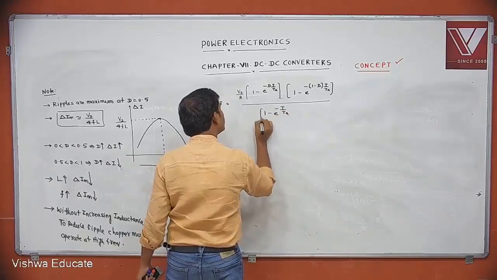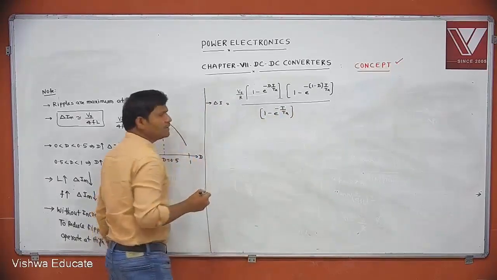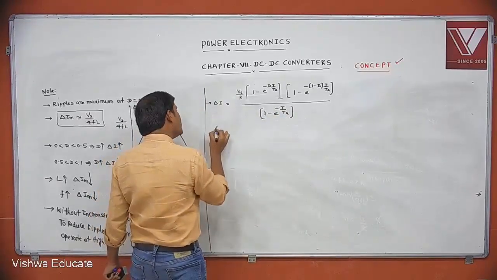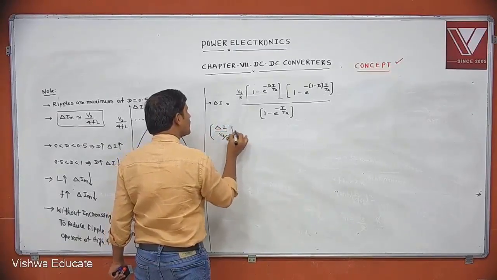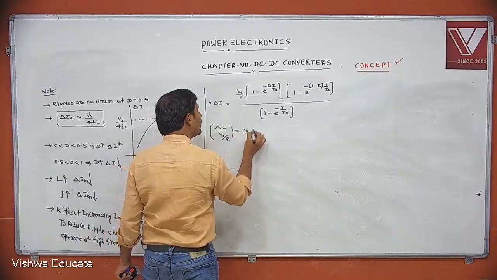This expression you know. Now from this, what is delta I by Vs by R? Delta I by Vs by R is called per unit ripple current.